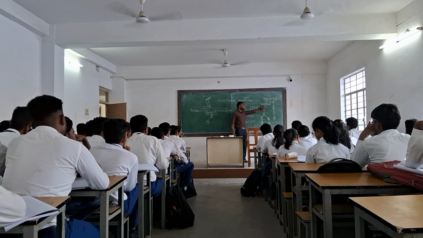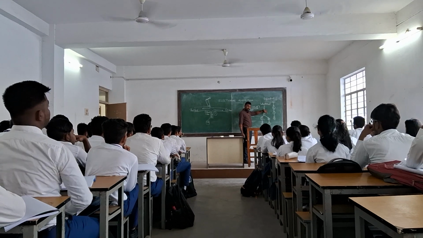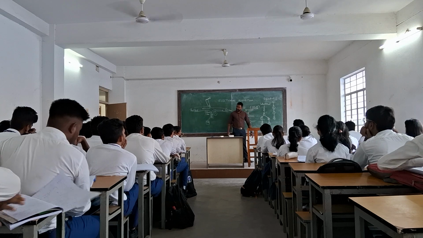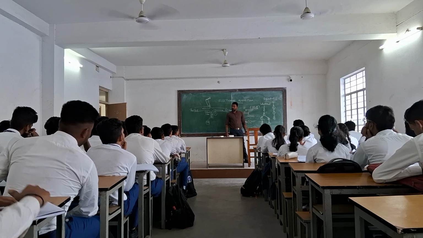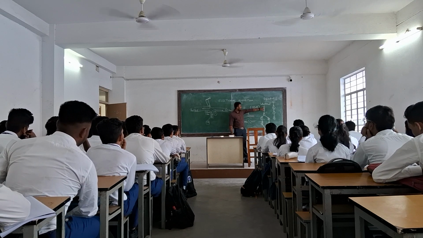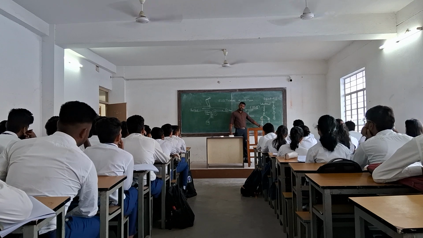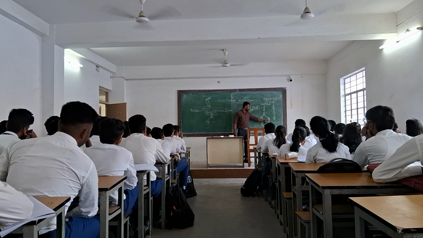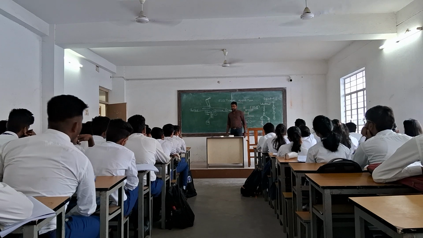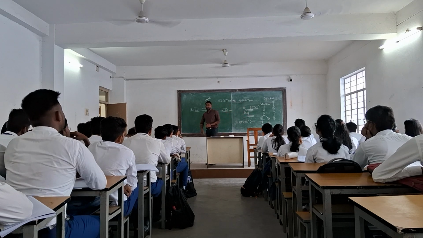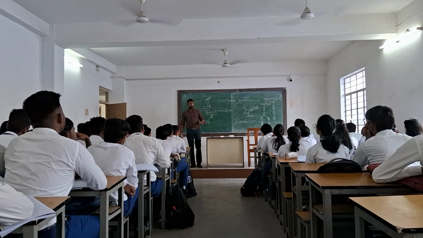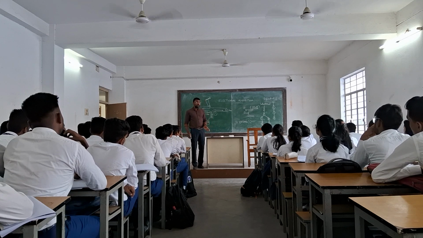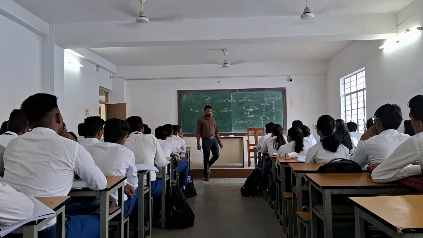Suppose my journey starting point is 1. I have started from 1 and I want to reach 7. So what path can I follow? Either 1, 2, 3, 4, 7 or 1, 2, 5, 6, 7. It is not possible to go 1, 2, 3, 4, 5, 6, 7. Selection is what? You have to select the correct one.